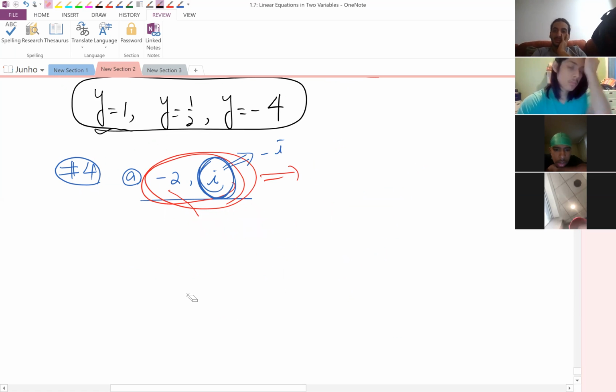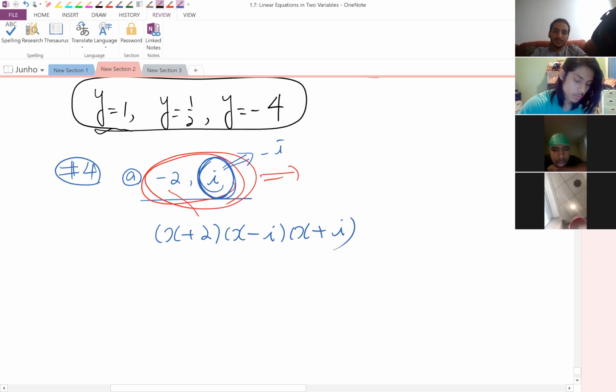Say one more time, a little bit slowly: only for the imaginary numbers or complex terms here. So it becomes (x plus 2), then (x minus i) and (x plus i).